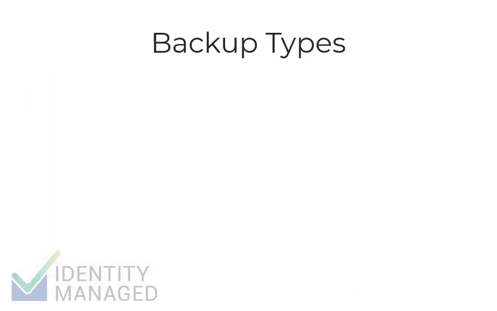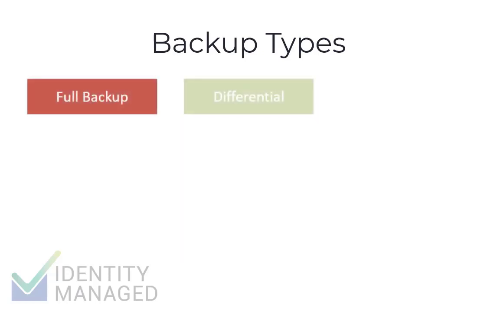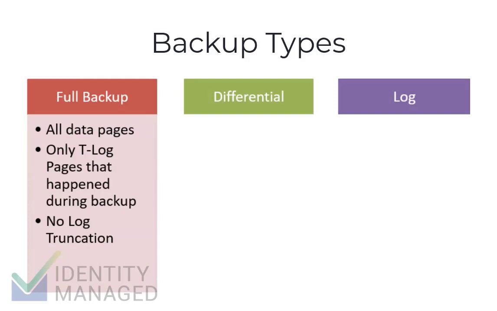Okay, so now backup types. We have 3 backup types: the full backup, the differential, and the log. The full backup copies all of the data pages, and it only grabs items from the transaction log that happened during the backup.